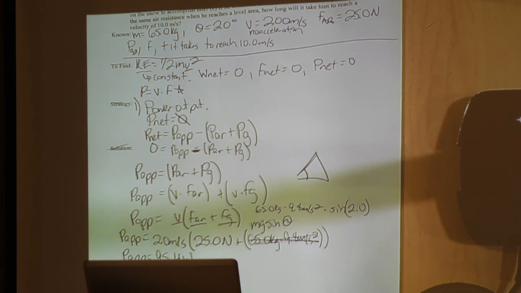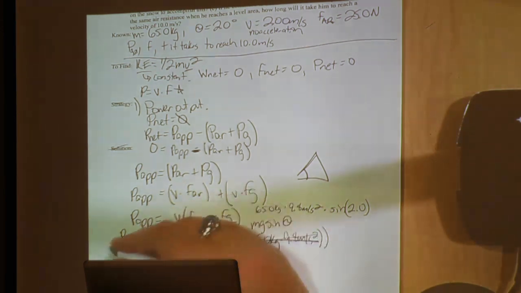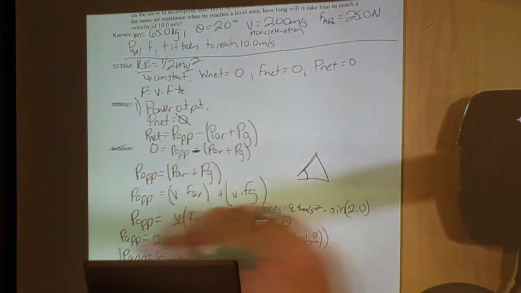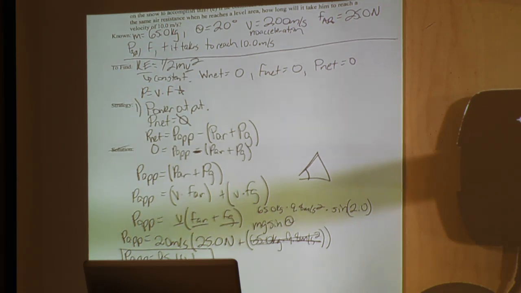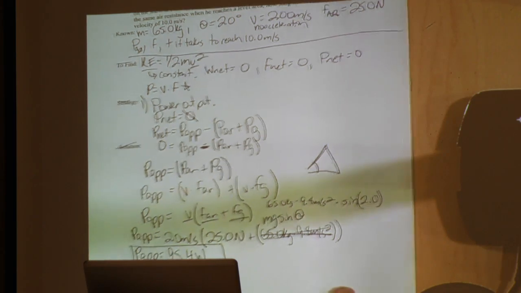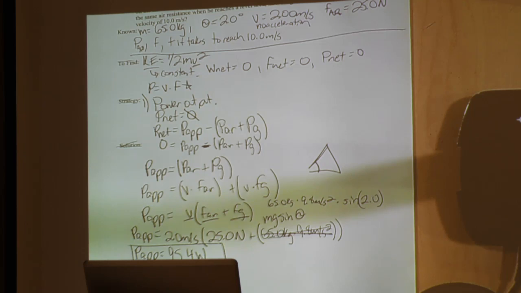If you use the 9.8 instead of the 10 meters per second squared, it should be like 94.5 watts. And if you use the 10 meters per second squared, then it's 95.4 watts. I know you guys are generally used to using the 10, so I try to use that occasionally.